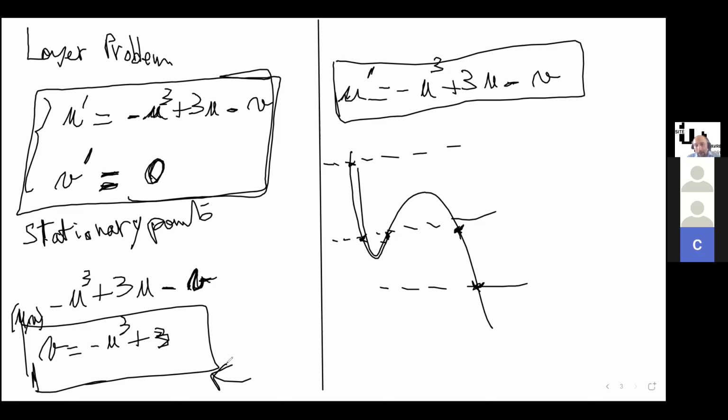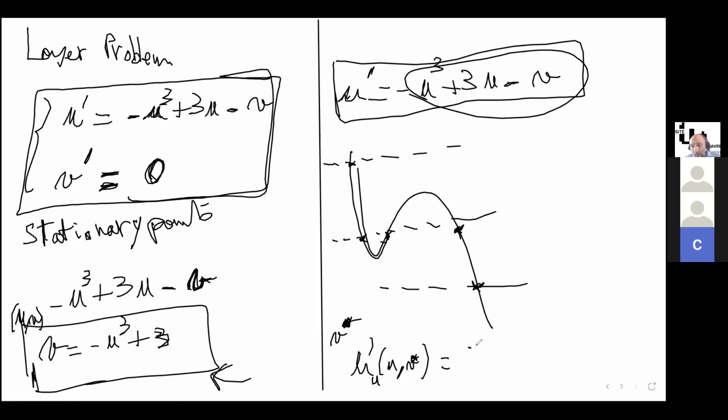And then I can look at the stability. For a given V star, I get 1 or 3 U stars, and I can look at the stationary solution. So to do that, I just look at the derivative of, let's call it h of u for a given v star, with respect to u, and I get what?